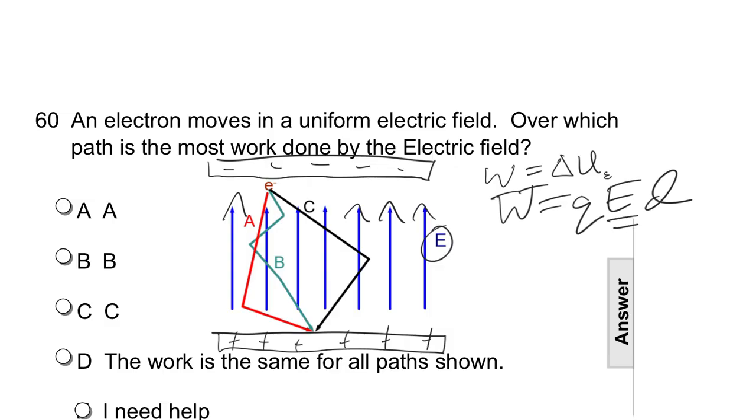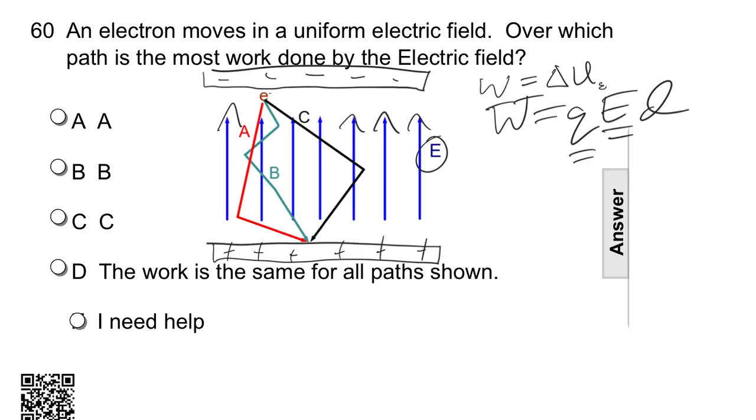The E is the same, the charge being moved is the same. Now, to simplify this, let's say the electron started on the negative plate and ended on the positive plate. This means the change in potential energy is the same, the same starting and the same finishing place. So the work is the same for both.